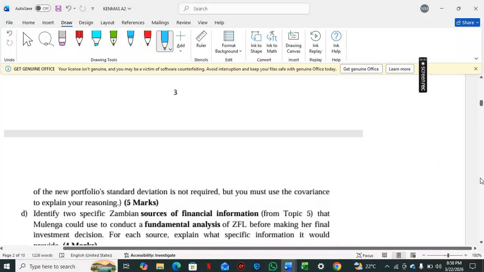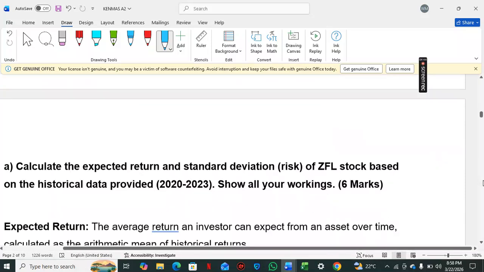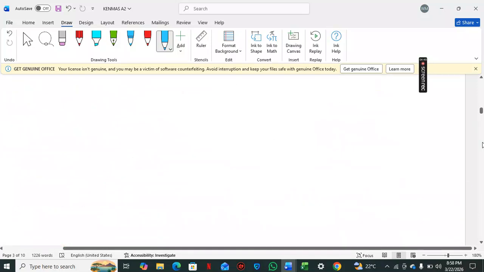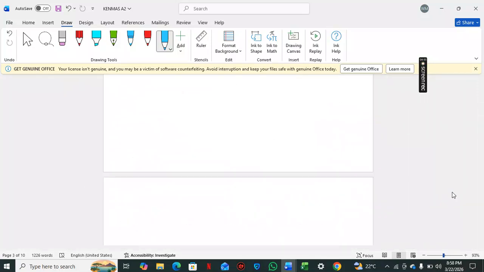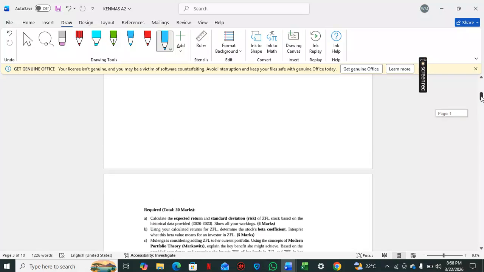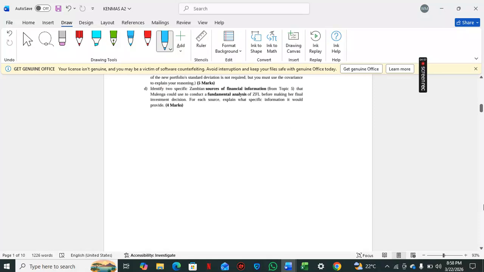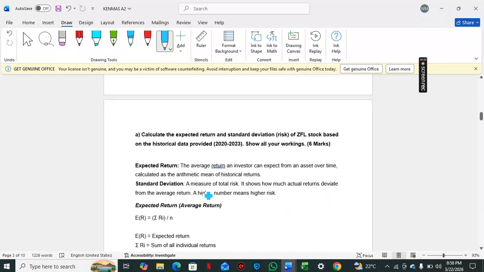For the expected return, colleagues, here's the table again. It's just getting the average. Let me bring the table nearby here. Expected return, you're just getting the average.